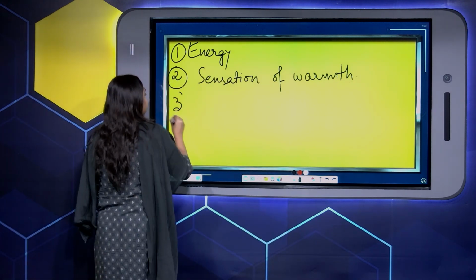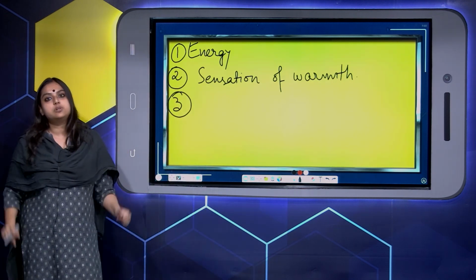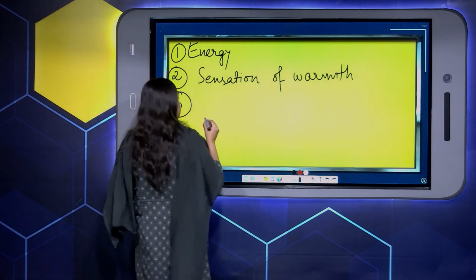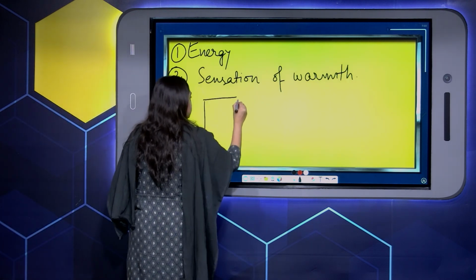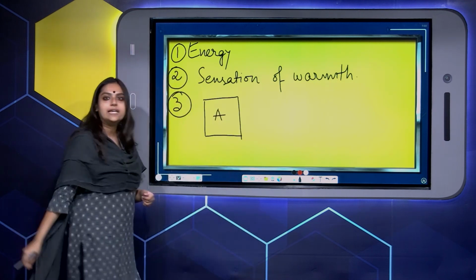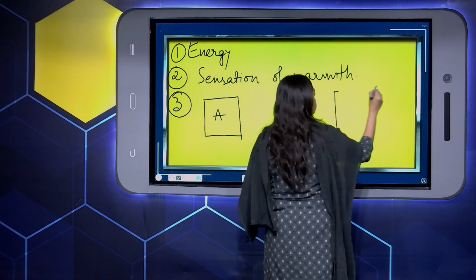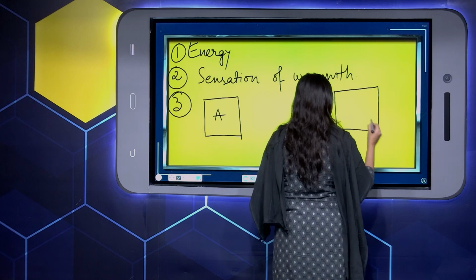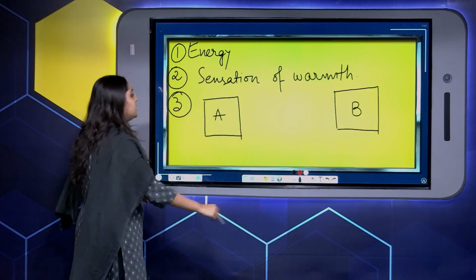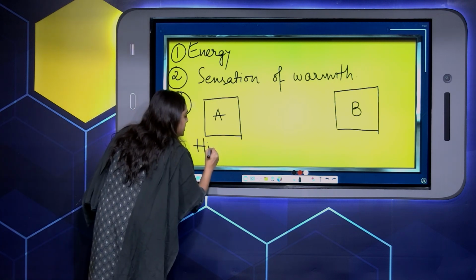Third point says that heat flows from one body to another body when there is a temperature difference. Suppose, let us consider this is a body A. Clear? There is another body which is named as B, right? Now, A is at higher temperature.